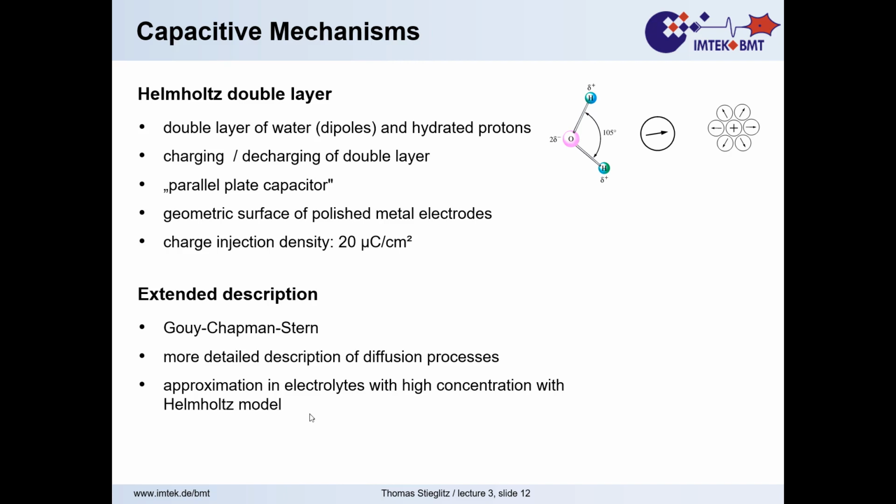But it's good if you see something that you know, okay, this is just the extended model of the Helmholtz double layer, where you can consider more effects depending on different concentration of the electrolyte. In the human body, we always expect that we have a certain concentration, and for that concentration, the simple model is good enough.